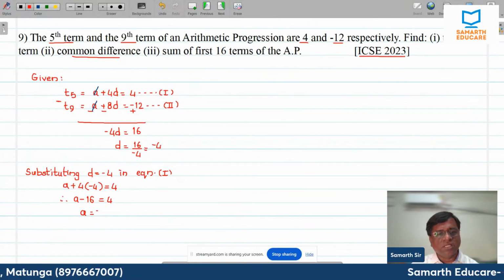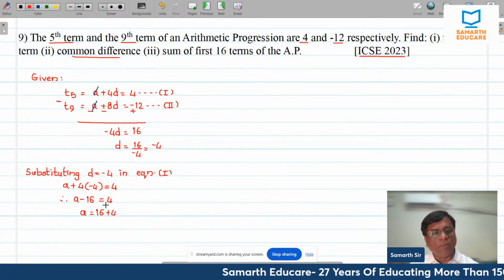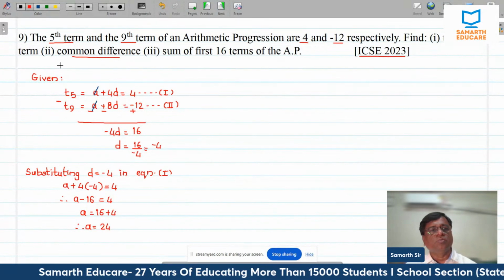Value of a is 16 plus 4, because it comes on the right hand side, it becomes positive. Okay, now the value of a is 20. So I got the first term.